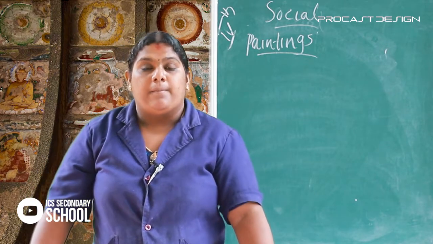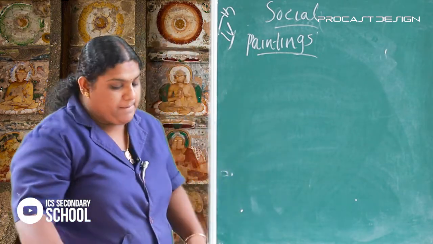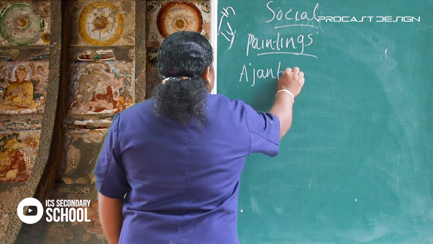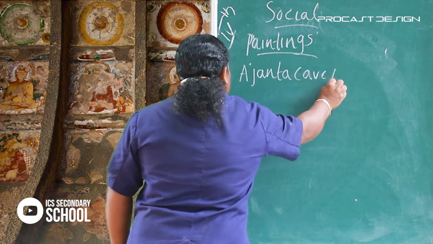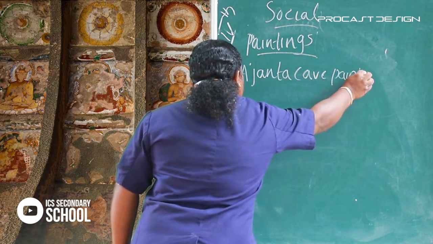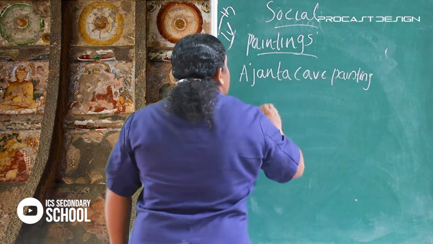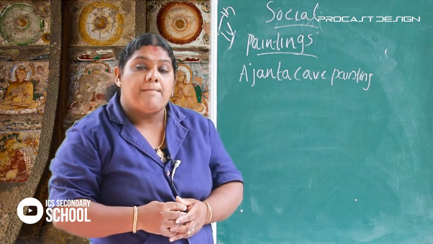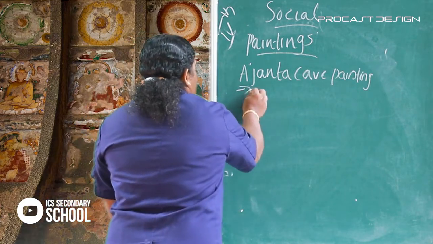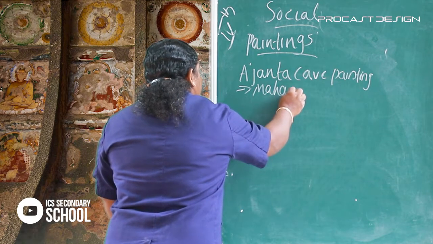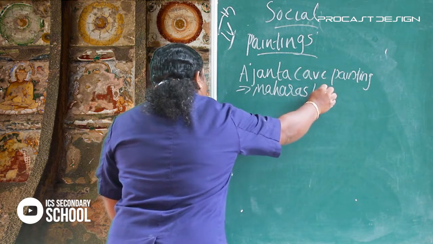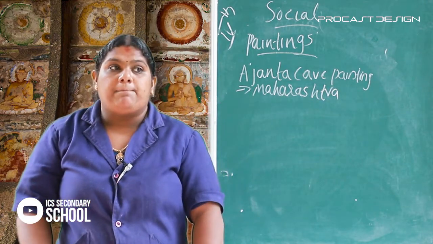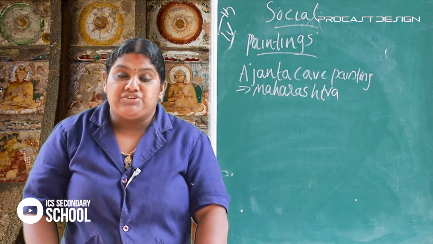It is in Maharashtra. Ajanta cave painting is situated in Maharashtra and is one of the important paintings of ancient time.